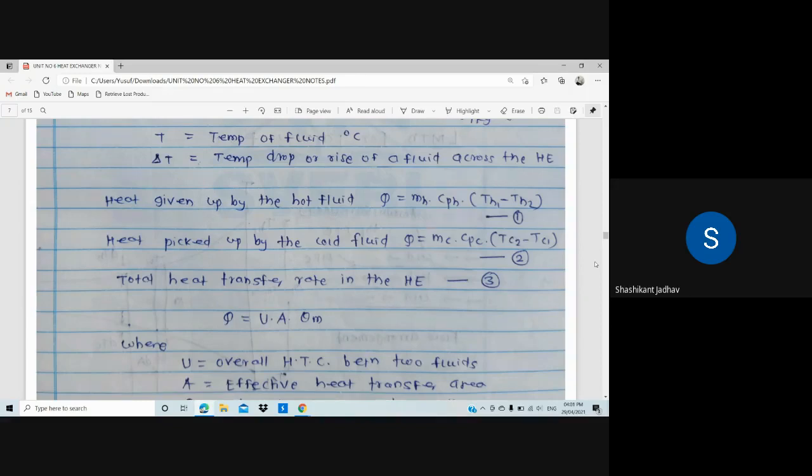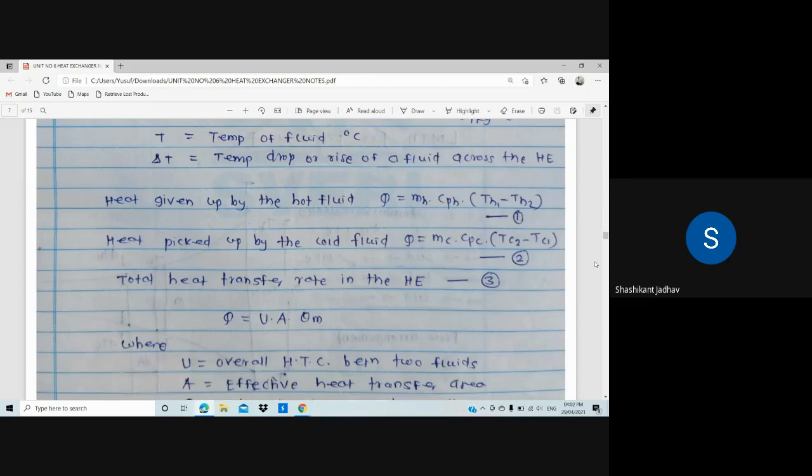In a heat exchanger there is a hot and a cold fluid, and a different temperature difference is there. For the overall heat exchanger, that temperature difference is nothing but the log mean temperature difference.